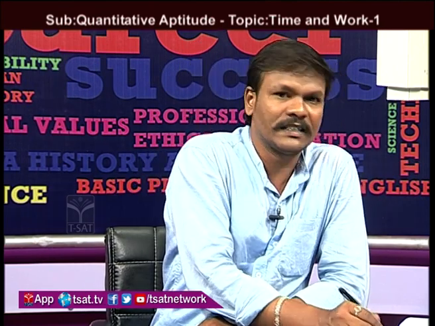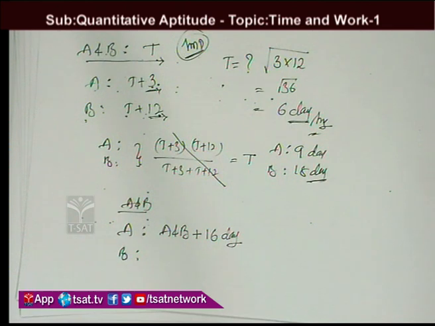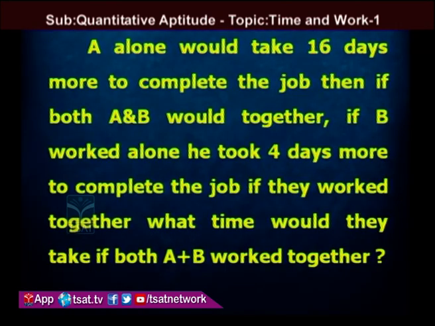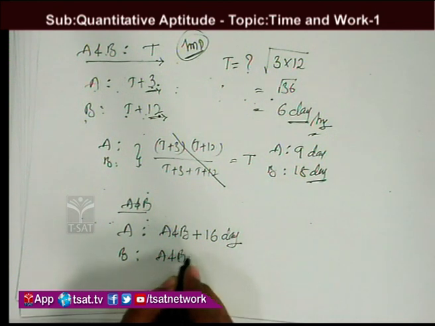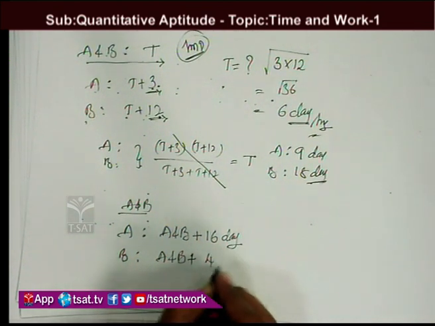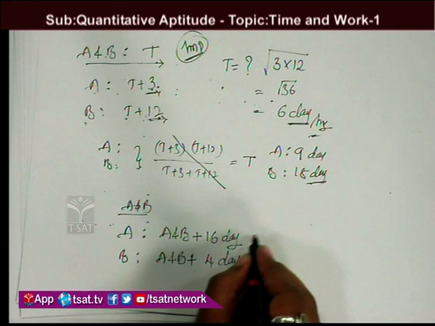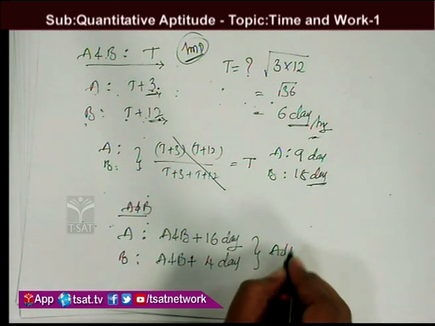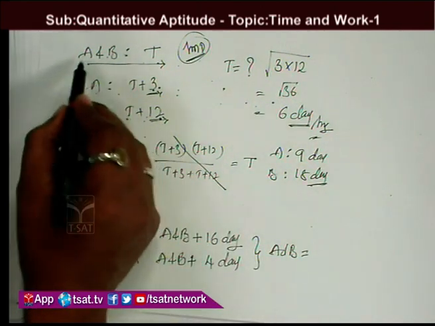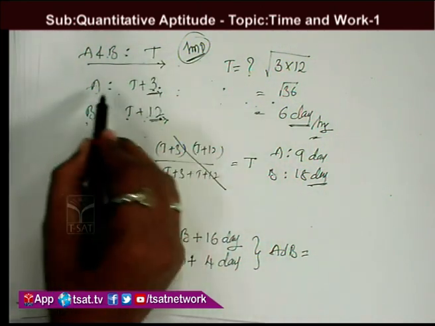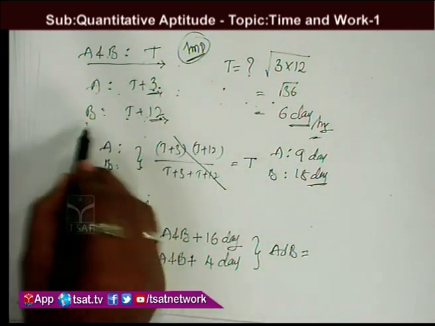Next, the second statement is about B. If B worked alone, he would take 4 days more to complete the job than if they worked together. The same as with A: if both are working together for x days, B takes 4 days more. Then the question is A and B working together. As in the previous question, A and B working together take T days, A alone takes T plus 3, B alone takes T plus 12.